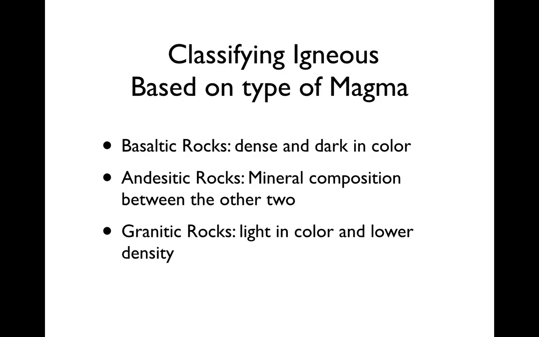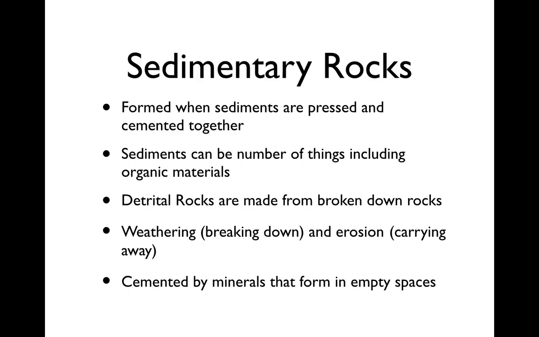They're not real dark and they're not real light. Granitic rocks are light in color and they have a lower density. So remember BAG, B-A-G, B being dark in color, very dense, and the G of the bag being the lighter color, lower density.